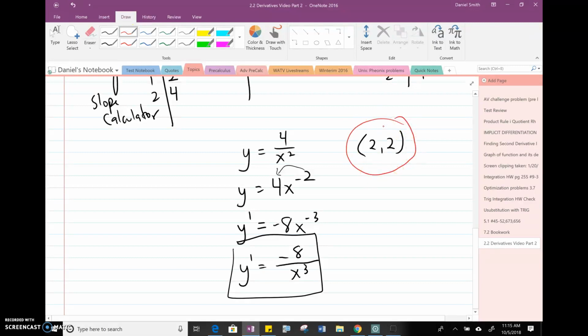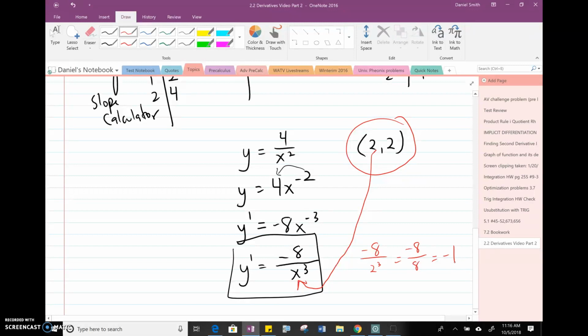The point is 2, 2. They're telling us that. So if I take this x value and plug it in, it should give me the slope at that particular x value. What is negative 8 over 2 cubed? That's negative 8 over 8. The slope should be negative 1.